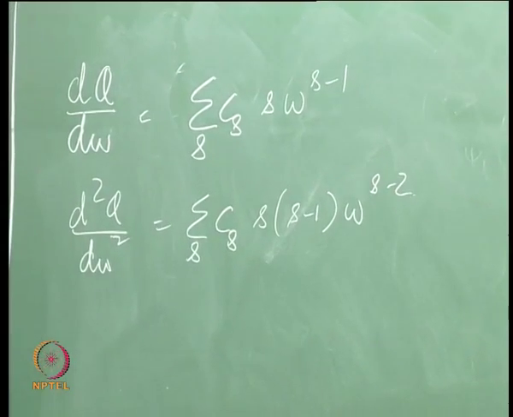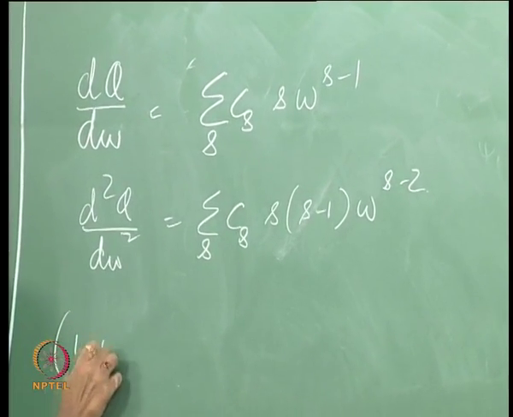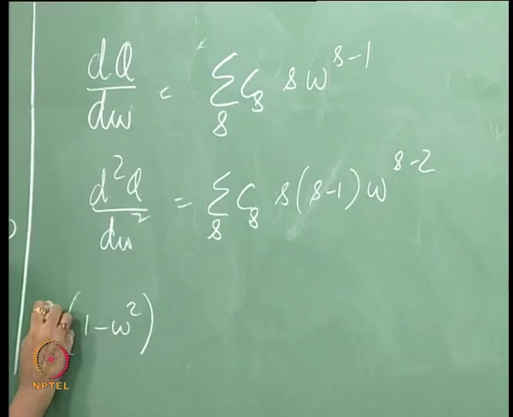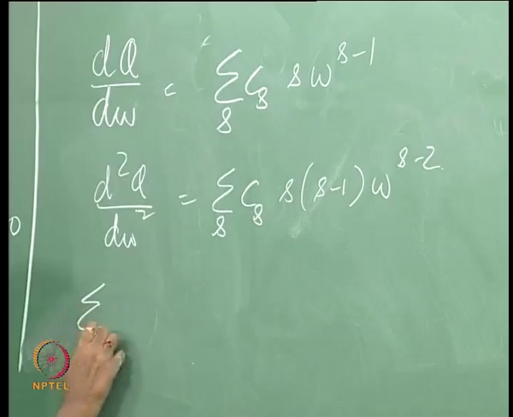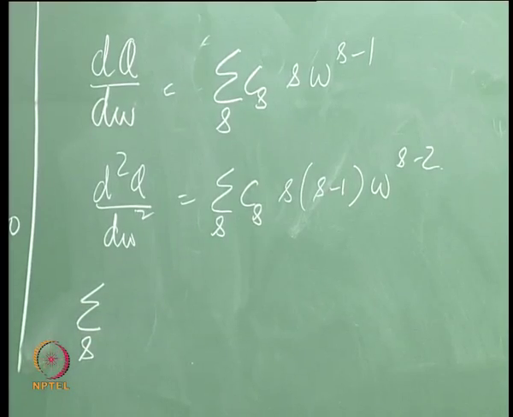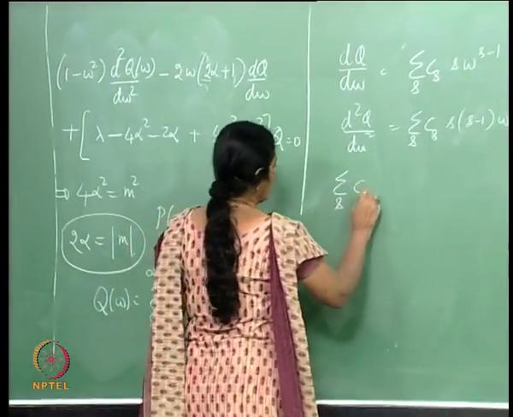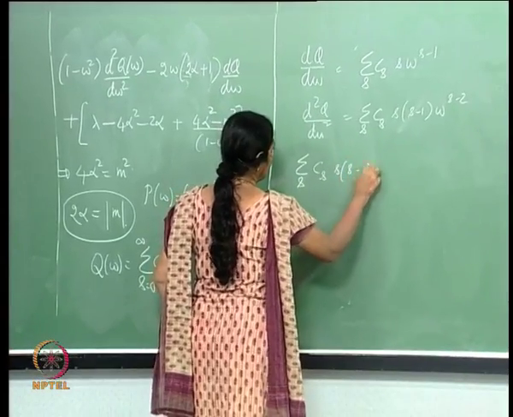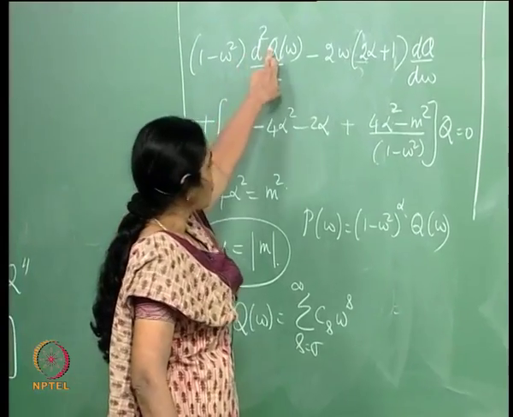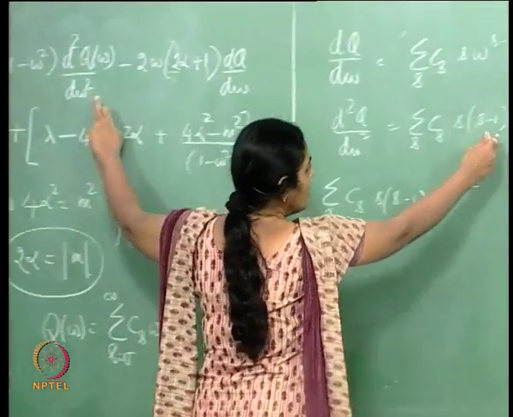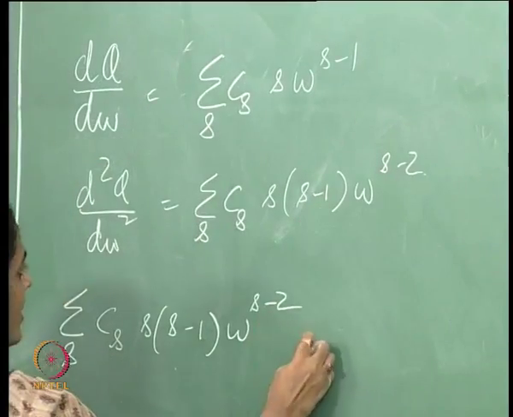Now when I substitute back there, I have a term 1 minus w squared times d2q by dw squared. So the first term, 1 times this, gives me the following, and then minus w squared times this will give me a power w to the s.